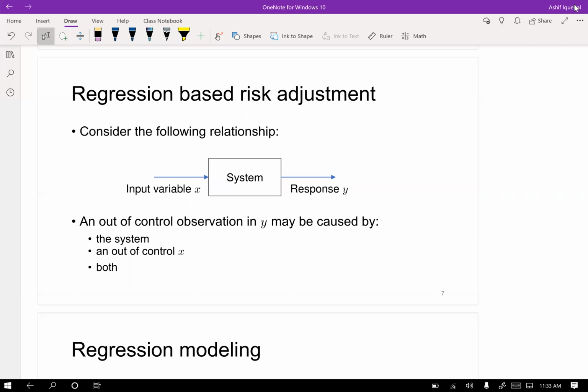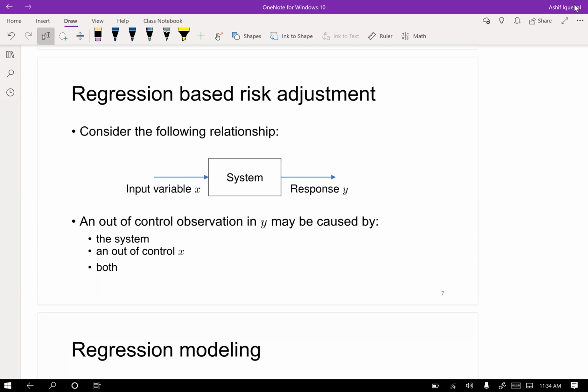Okay, so let's talk about regression based risk adjustment. Now, some of you might be familiar with regression from your previous exposure, but we'll quickly talk about what we mean by regression, and then we will come and talk about regression-based risk adjustment.